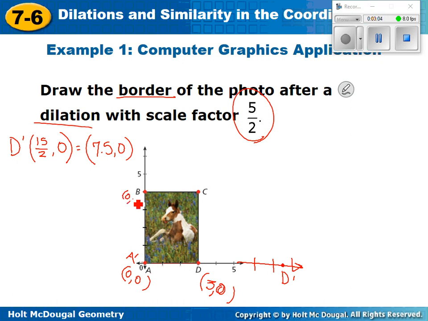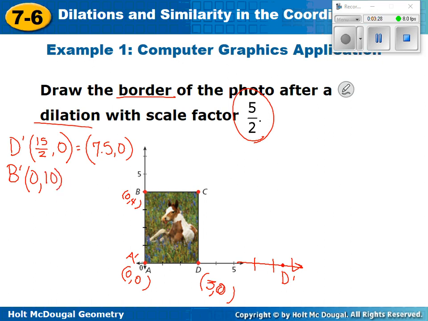Good, 0, 4. So let's go ahead and find B prime. If I multiply 0 times 5/2, what do I get? 0. If I multiply 4 times 5/2, what do I get? 20/2, which is 10.